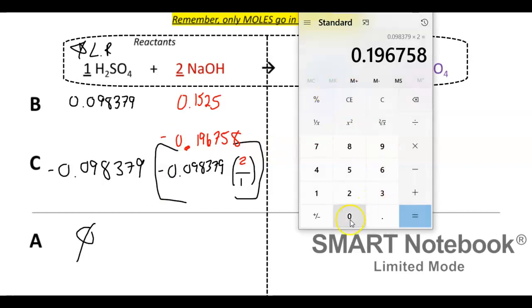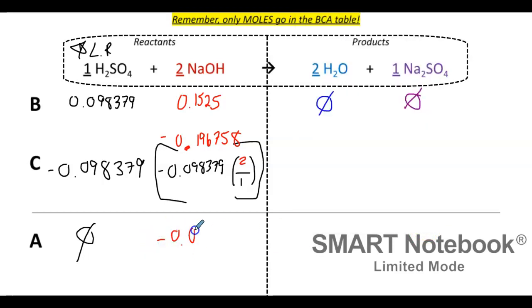So how much is going to be left over? 0.1525 minus 0.196758. How much is left over? Negative 0.04. Can I have negative 0.04 moles left over after a reaction?